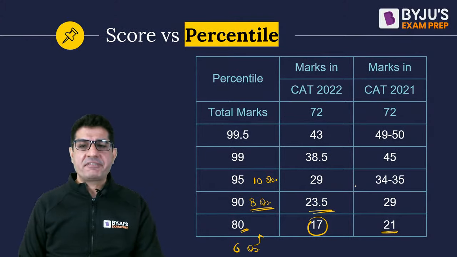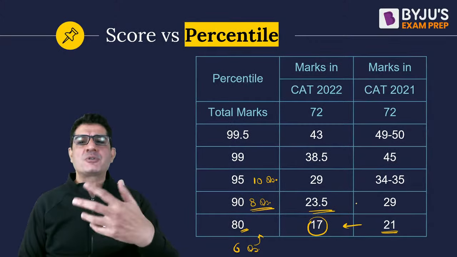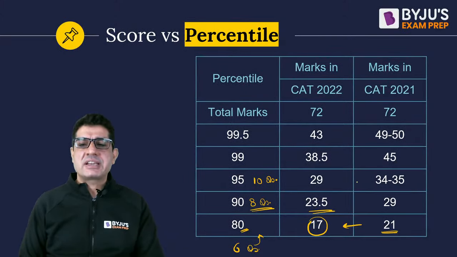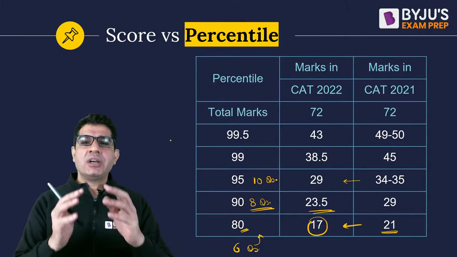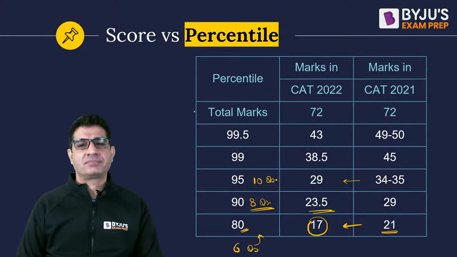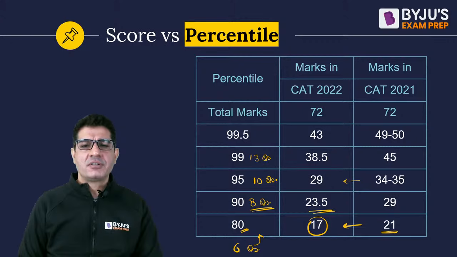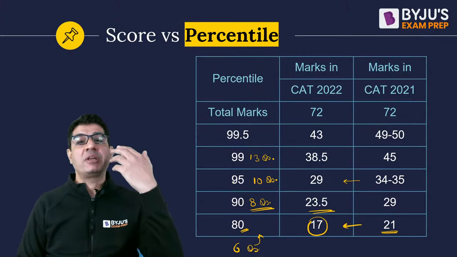So you reach 95 percentile, and you notice the consistent drop across these different bands, a drop of 4 marks. As you proceed further, the drop becomes more pronounced. At 95, we are talking about a reduction of 5 to 6 marks. What does that tell you? It tells you that the exam this year was tougher as compared to the exam last year. At 13 questions, which is roughly half the section, you could have been in the top 1%.